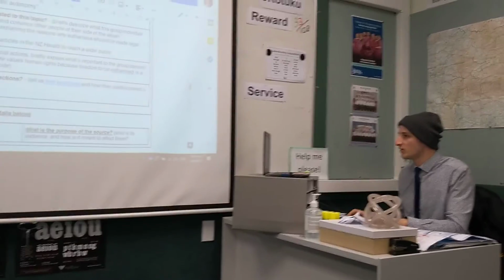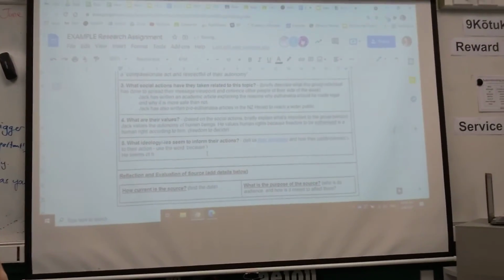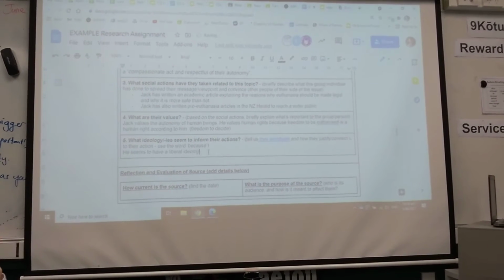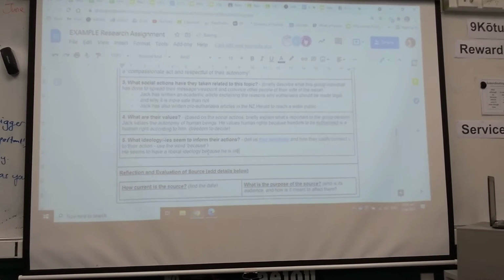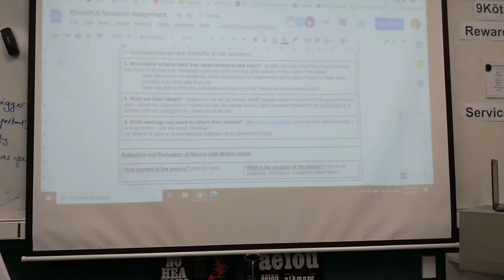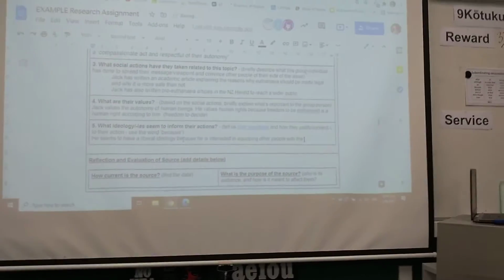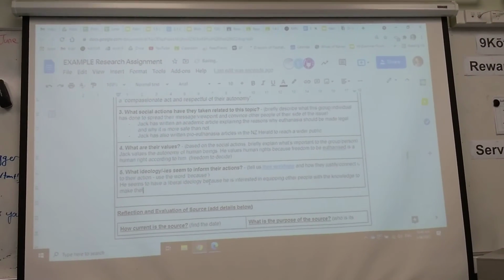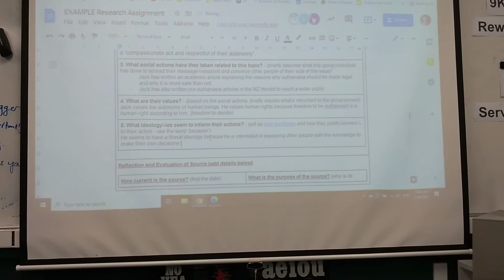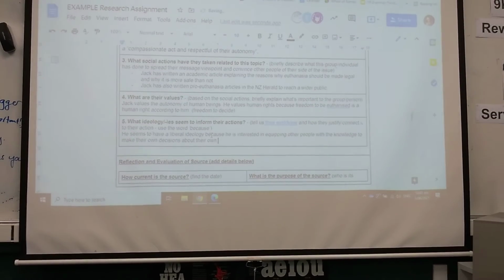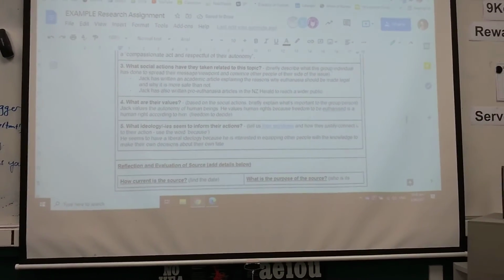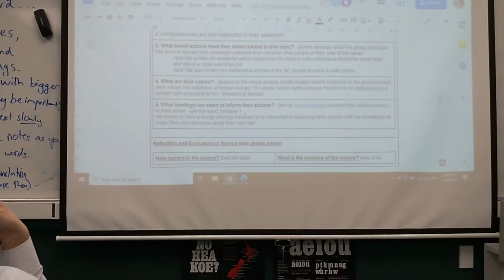So you could say he seems to have a liberal ideology because he is interested in equipping other people with the knowledge, through the articles that he creates, to make their own decisions about their own fate, their own life and death situation. Does that make sense? Yeah. So that's why I've mentioned the ideology and I've explained it using the word because.